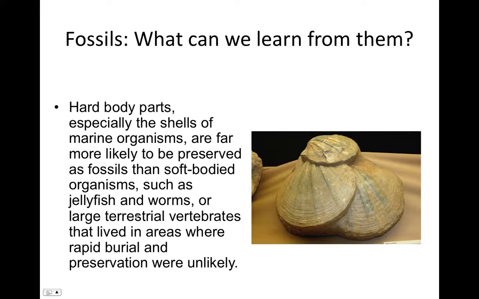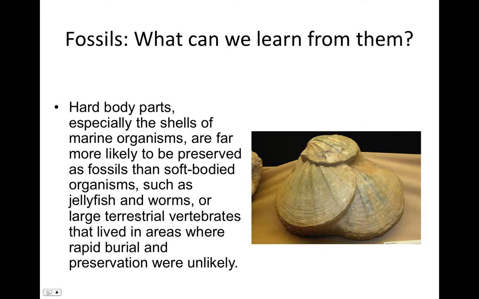Body fossils mostly consist of hard body parts, especially shells of marine organisms, because in a marine environment, organisms are much more likely to be quickly buried by sediment and be preserved. Organisms that have mostly soft tissue, like jellyfish or worms, are much less likely to be fossilized than organisms with hard structures because that soft tissue decomposes very rapidly.